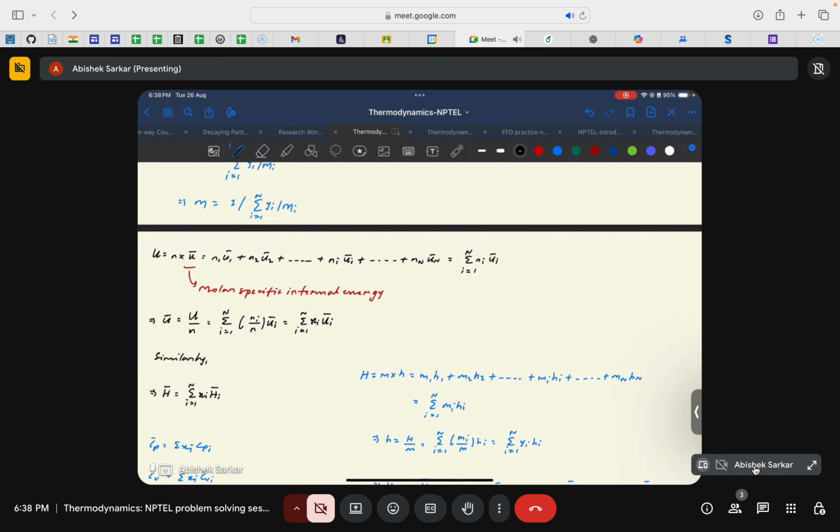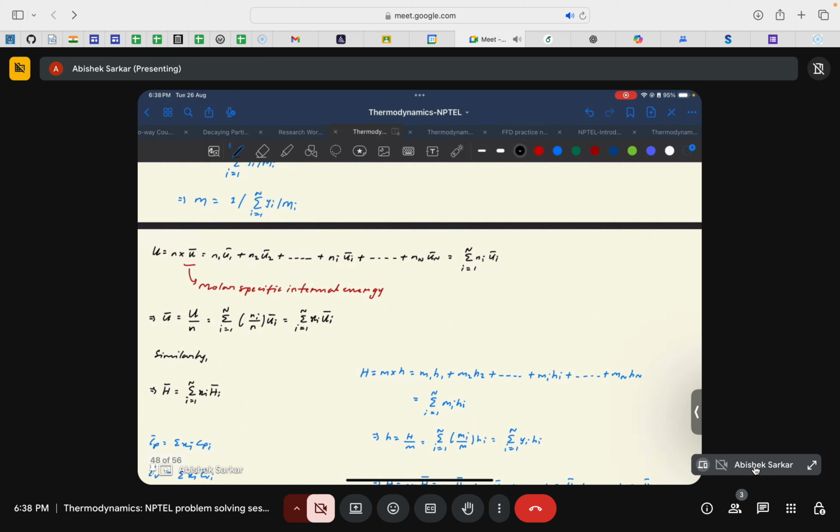So this molar specific internal energy can be represented as the total internal energy divided by the total number of moles. Since we know that U is the summation of Ni ui bar, we can replace it in this equation. We can write Ni ui bar divided by small n, and Ni by n is equal to Xi, that is the mole fraction.